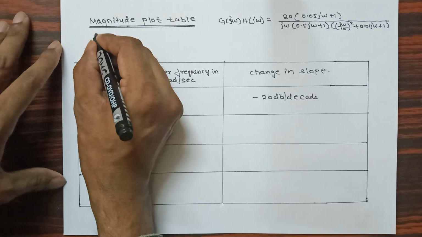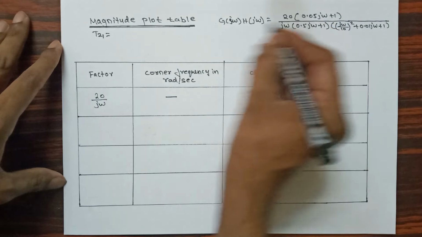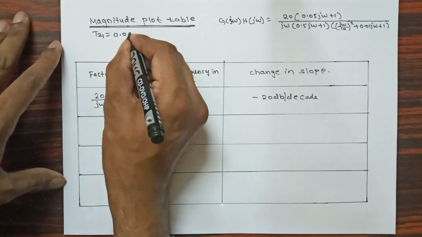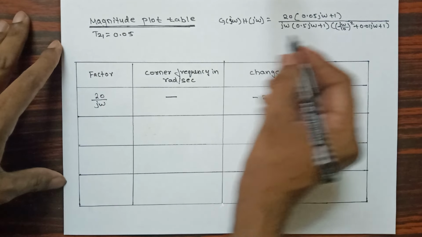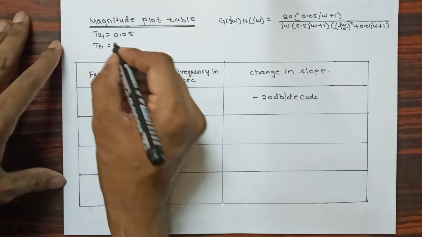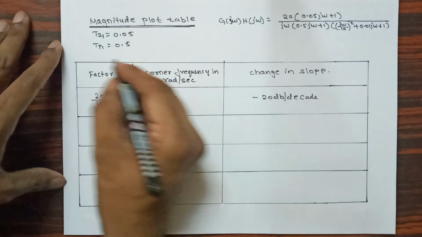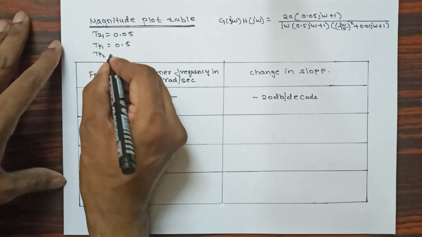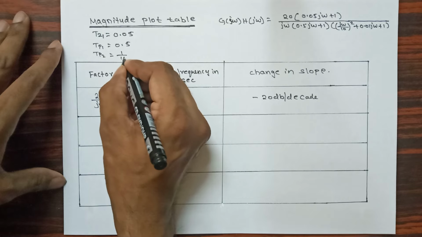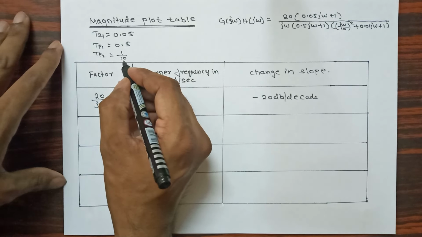First I find the time constants: tz1 is 0.05, tp1 is 0.5, and tp2 is 1 by 10. Directly this value we take, 1 by 10 here.